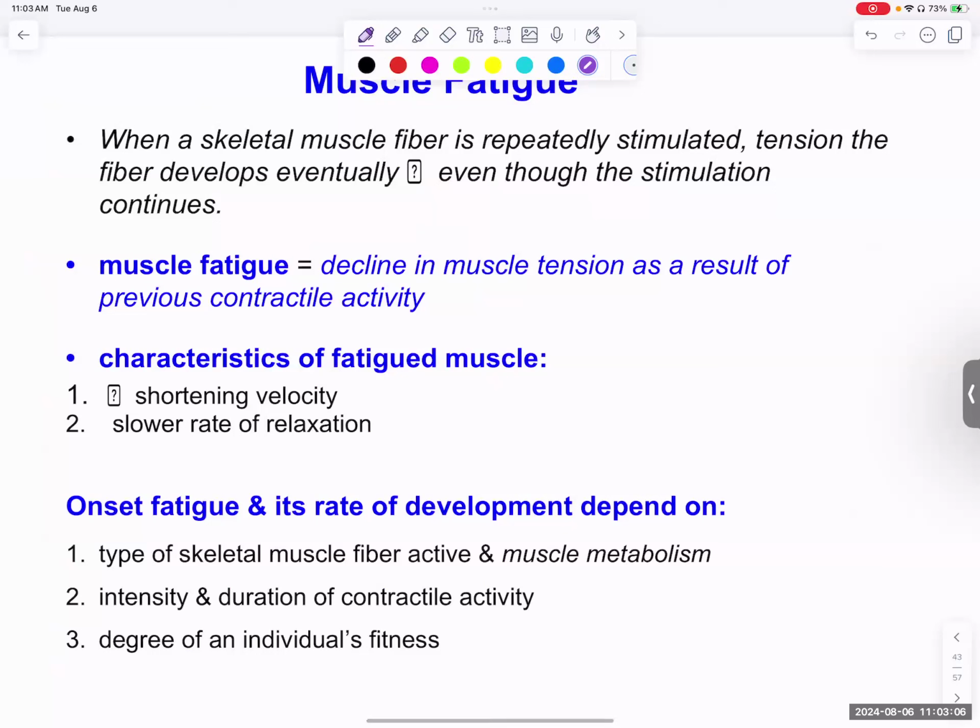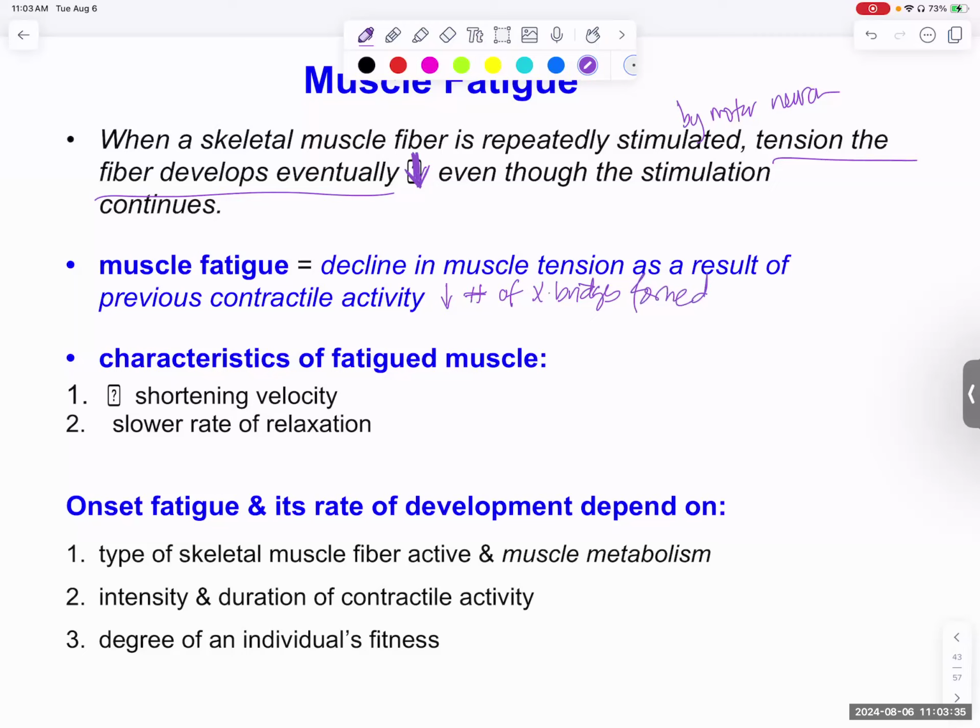Muscle fatigue is when a muscle fiber is repeatedly stimulated by a motor neuron, but the tension in the fiber eventually is decreasing, even though you're still stimulating it. So why? Muscle fatigue, which is a decline in muscle tension, it's really a decline in the number of cross bridges formed.